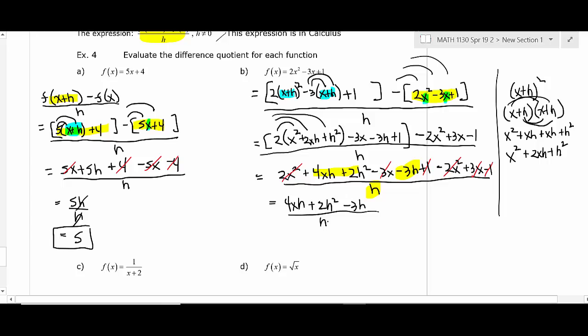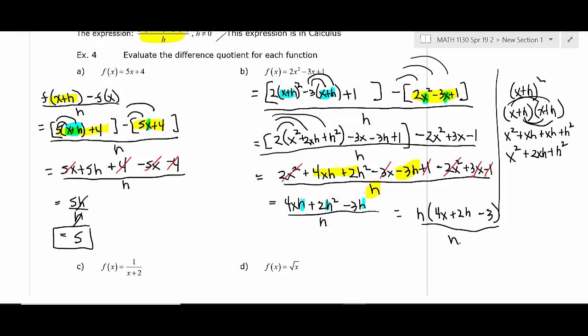Now you've got to know how to factor. We're going to do a lot of factoring this semester too. So what you can do now is take an h out of that, and if you take that out, we'll have h times 4x plus 2h minus 3, all over h. Factoring's another thing you may have to brush up on. Again, all I did is pull an h out and write it as a distributive property.